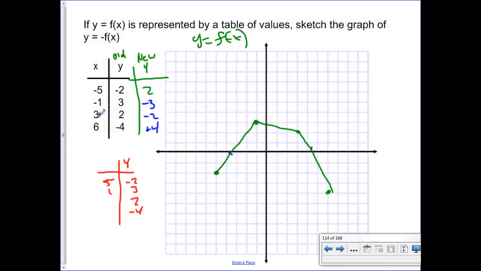You used to be plugging in 3, now it's -3. You used to be plugging in 6, now it's -6. So for this one, it's just the x values that change. So what happens is this guy goes to here, this guy goes to there, this guy goes to here, and that guy goes to there.